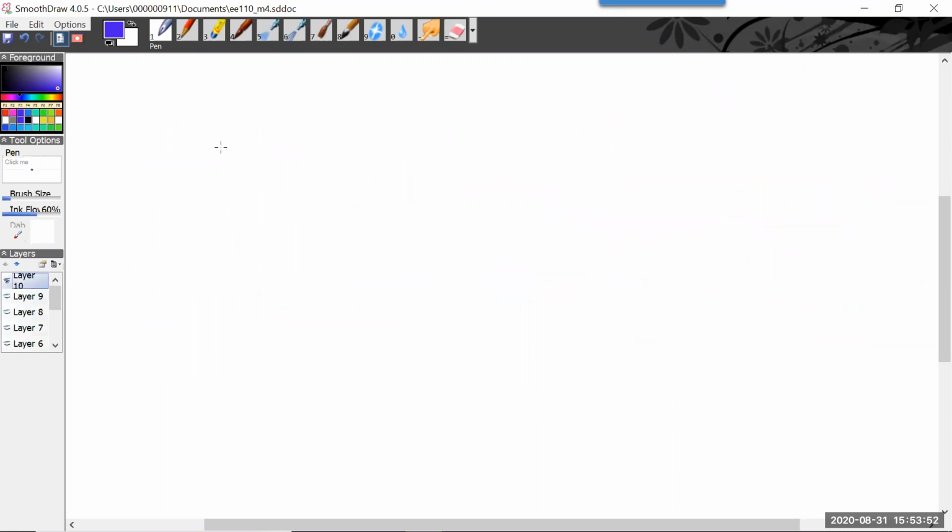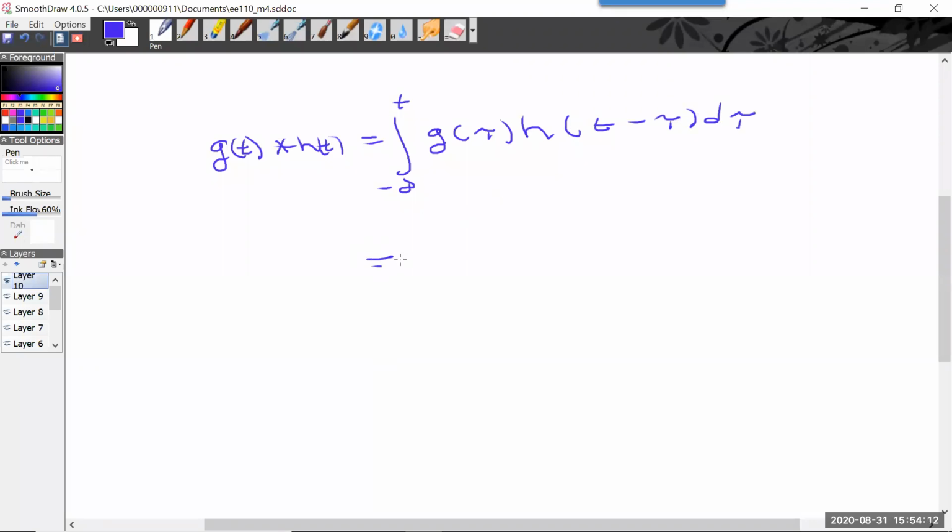So g of t convolved with h of t, I can put this, or this will also equal this, and you can choose which way to do it because sometimes one way is easier than the other.